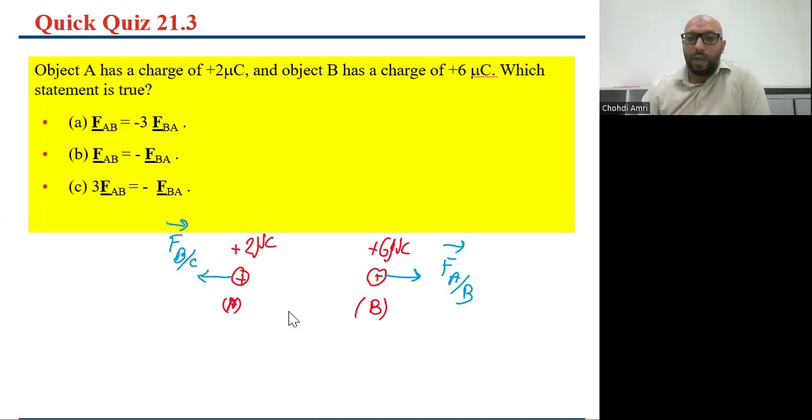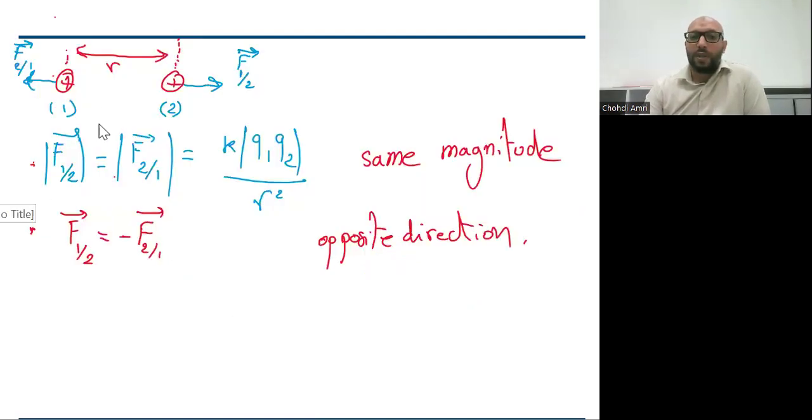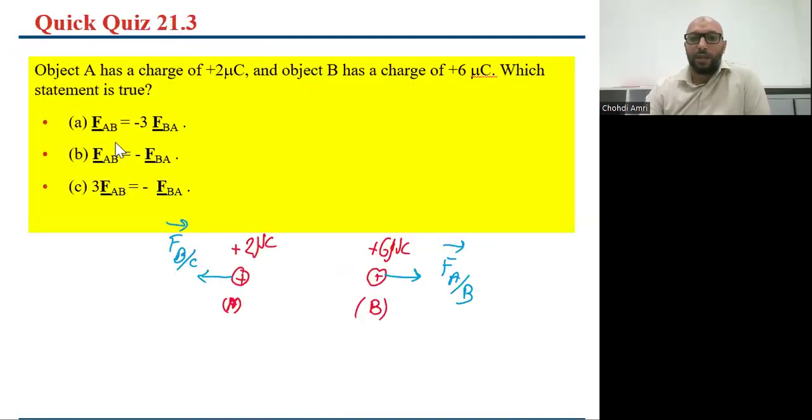Good. What did we say in the previous slide? The two forces have the same magnitude, but opposite direction. So which statement is correct?